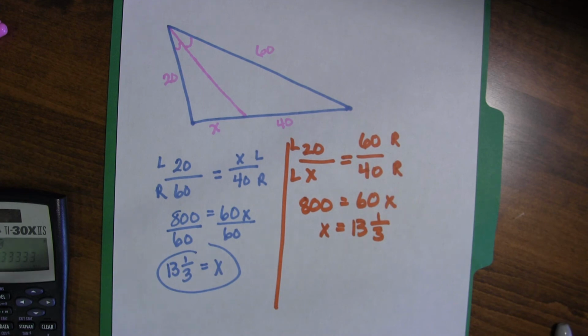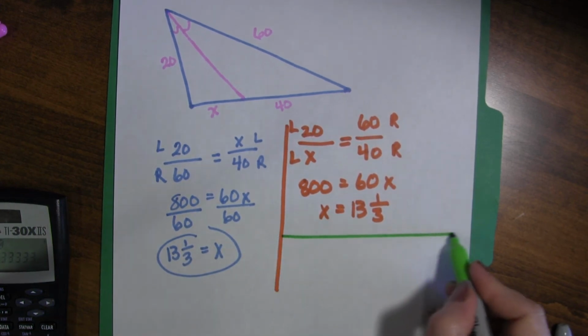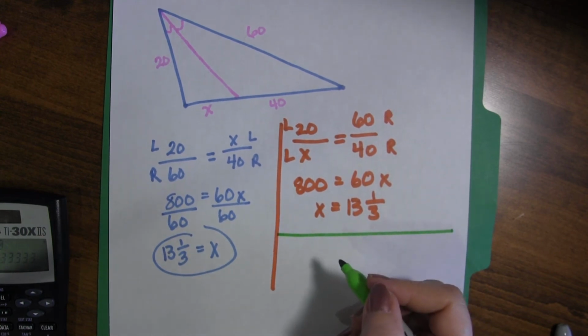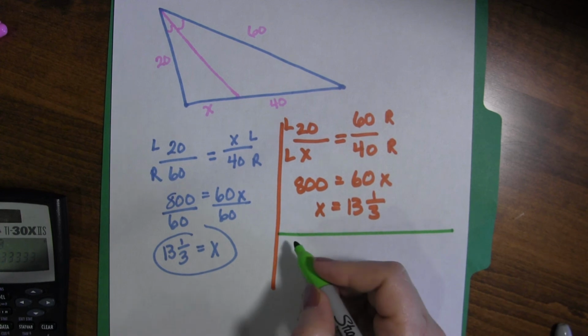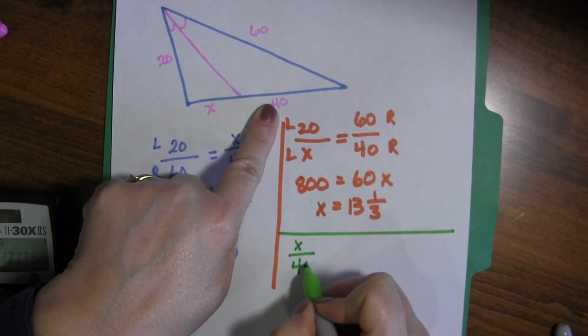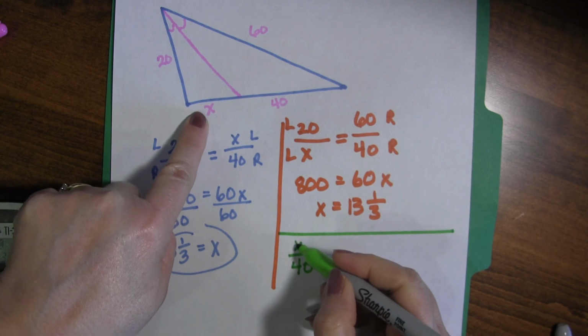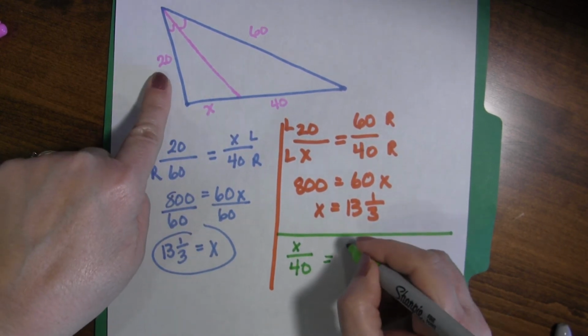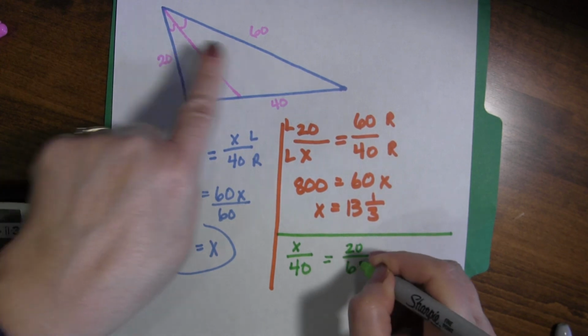Let's see, can we think of another way to set it up? What if we set it up like this? Let's set up x over 40. That's my left base over my right base equals 20 over 60.